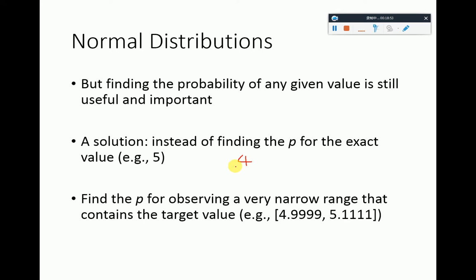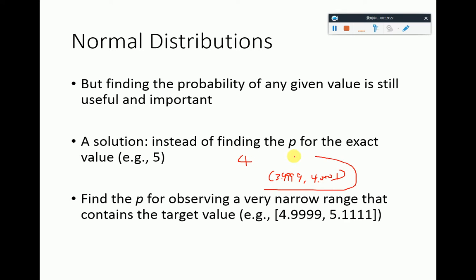For the same idea, if you want to know the probability of observing 4 from a continuous distribution, then instead of finding the probability for 4 exactly, you can ask what's the probability of observing an interval of values ranging from 3.9999 to 4.00001, a very small interval that contains the target value.